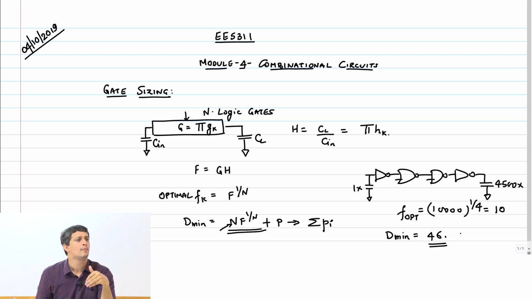But if I am allowed to increase the number of gates, then there is a chance that you can reduce the delay. And we discussed yesterday that in order to add any gate on the path, the best gate that you can add is the inverter, because the logical effort is 1. So we are going to now look at the problem of buffer insertion.